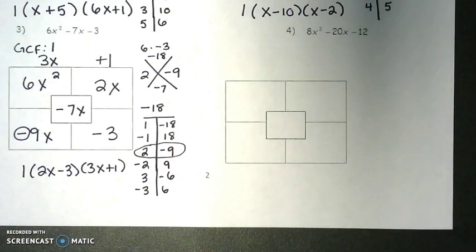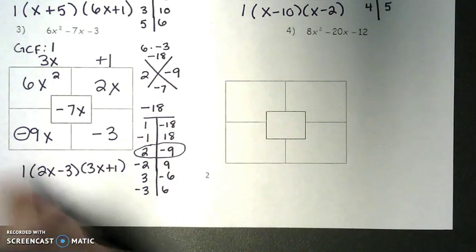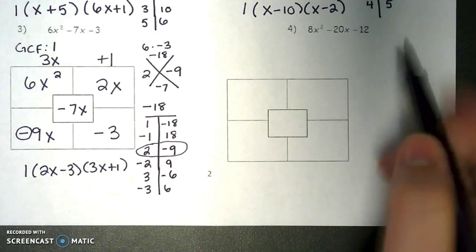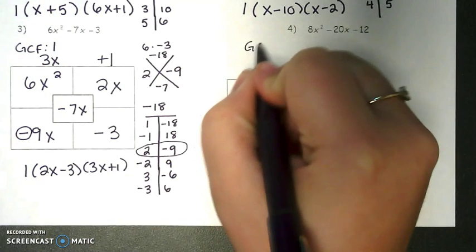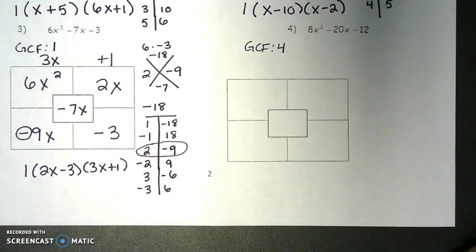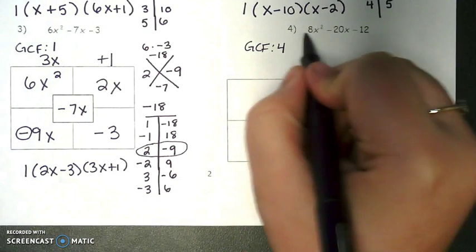Okay, number 4. So now this one is a little bit different. If you notice, there's a GCF bigger than 1. The GCF is 4. Now when we have a GCF bigger than 1, we have to divide.